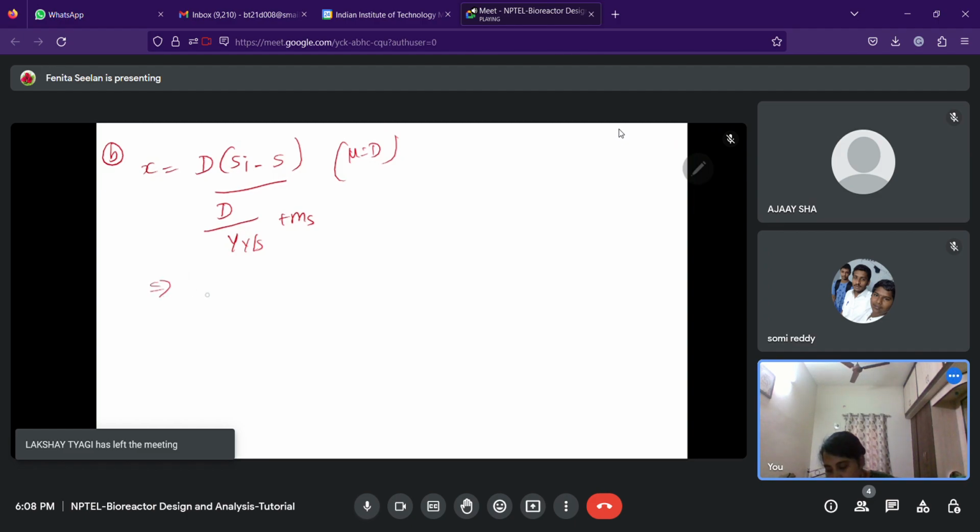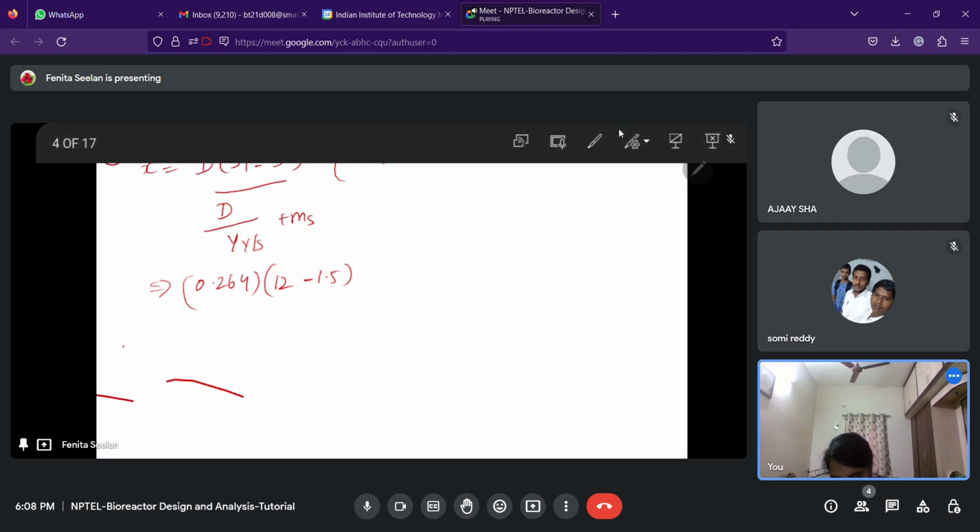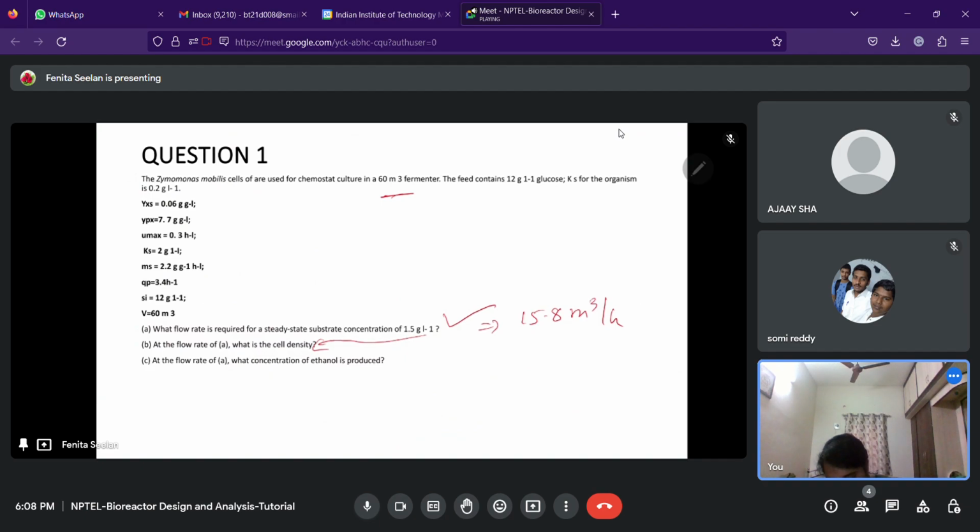We know all the terms. It's already given in the question, so we just have to substitute. This is 0.264 into (Si minus S), where Si is 12 and S is 1.5. Y is 0.06 and m S is 2.2.